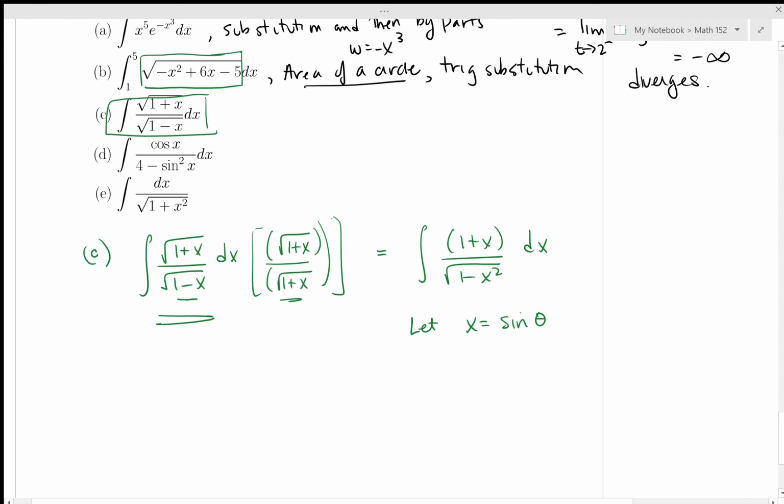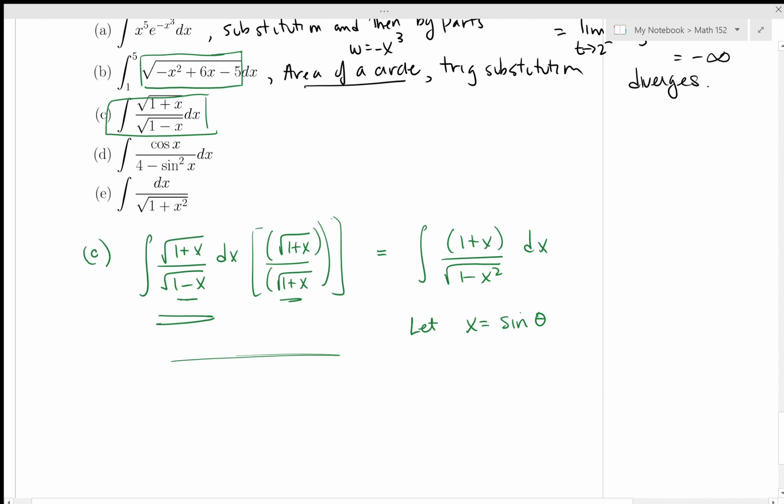Mostly what I want to test is, do you understand the main methods of what we're doing? Can you make a substitution? Can you do integration by parts? Can you do partial fractions? Do you know how to handle the endpoints on the integrals, etc.? So I will, to the best of my ability, not make it too difficult when I test this. I would consider this one to be quite difficult.